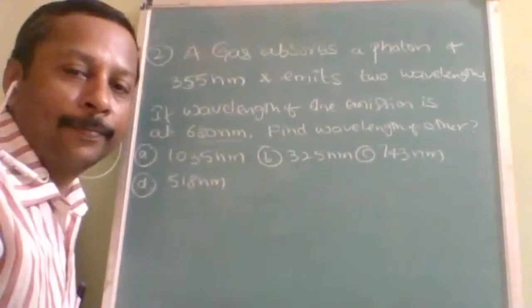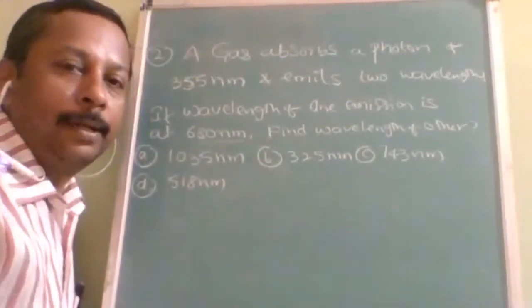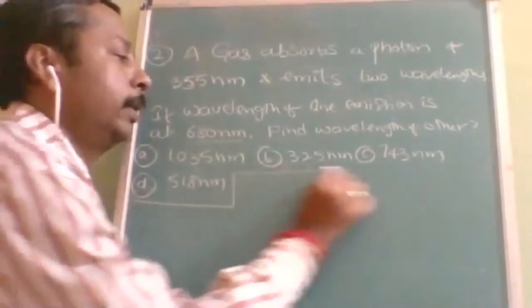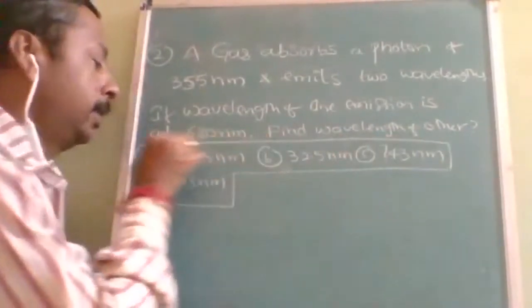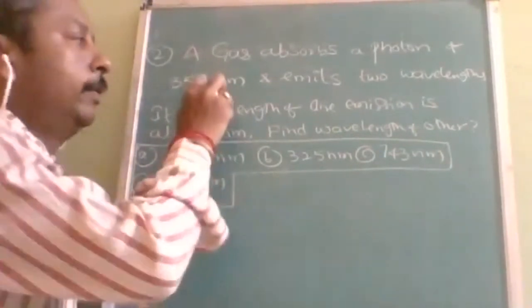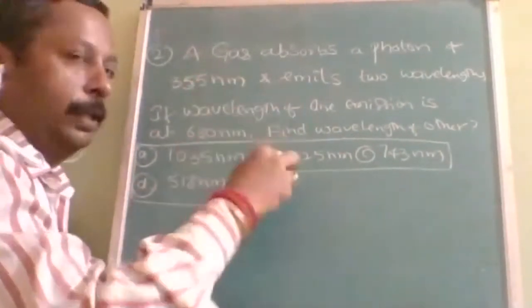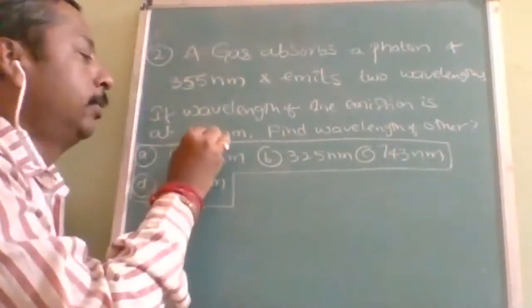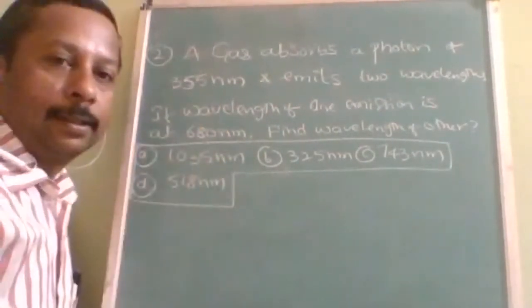Tried? Now listen carefully. The main problem is that wavelength is not an additive quantity. 355 is not equal to 680 plus something. Even if you try, initially you will come to know this is more than this. Why?